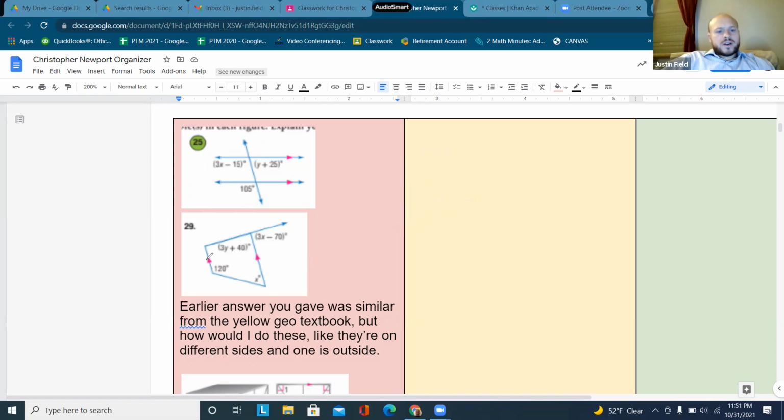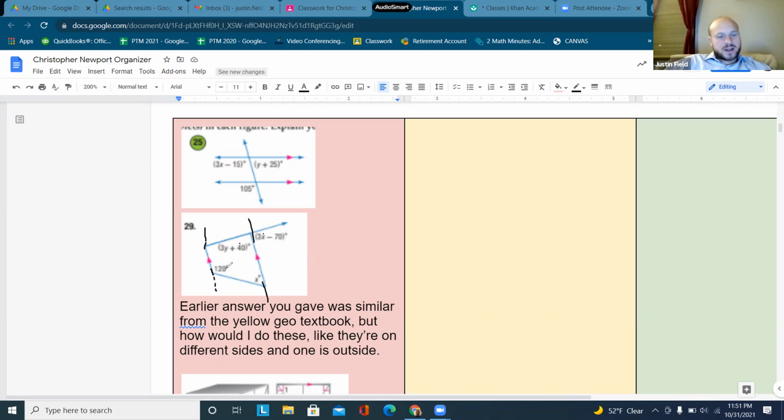Now this one here, it would be helpful to draw auxiliary lines here so that we can see we have two parallel lines and a transversal, right? And so we have this angle and this angle, but those are a linear pair. That can still be tough.